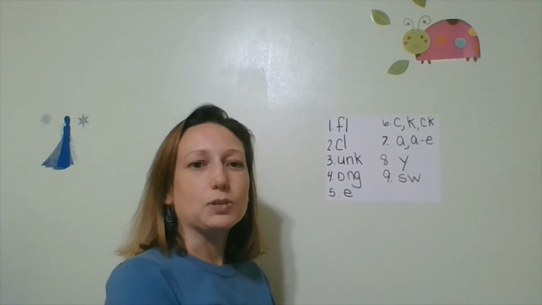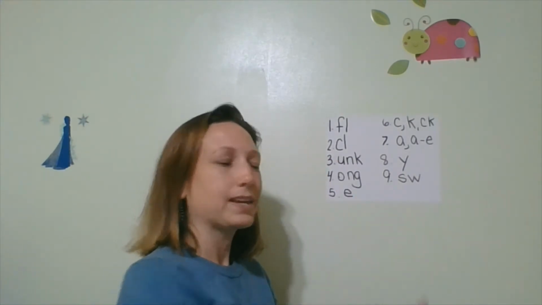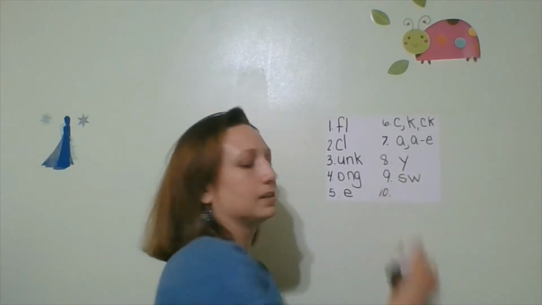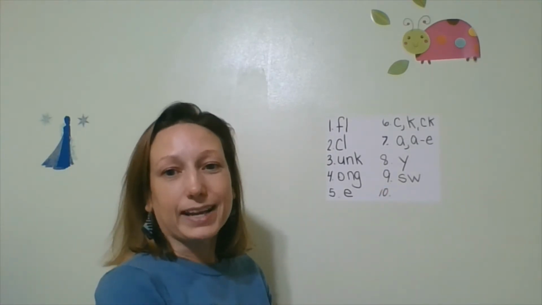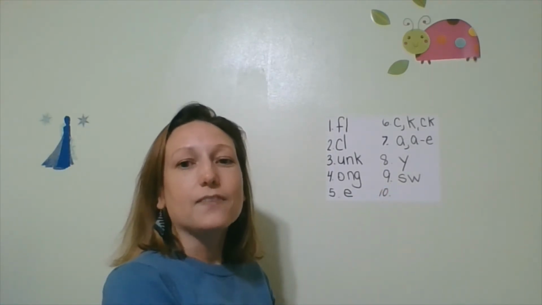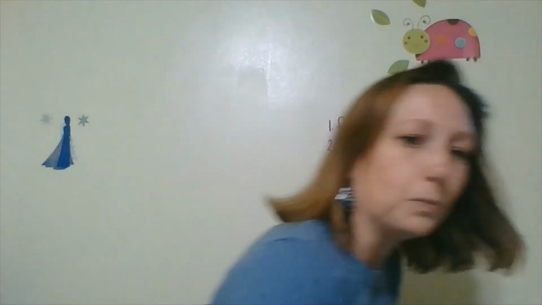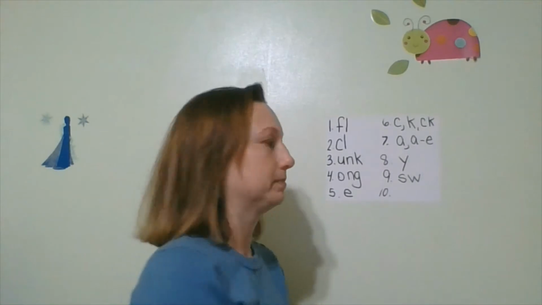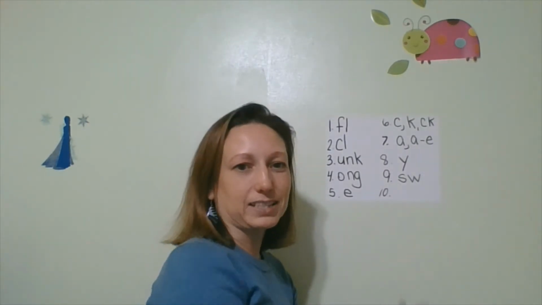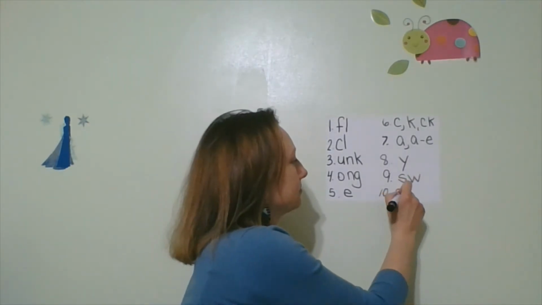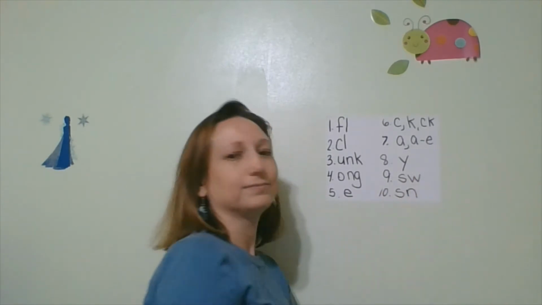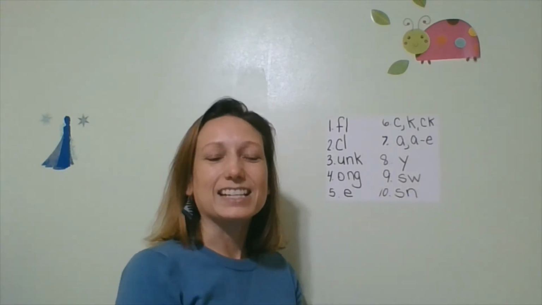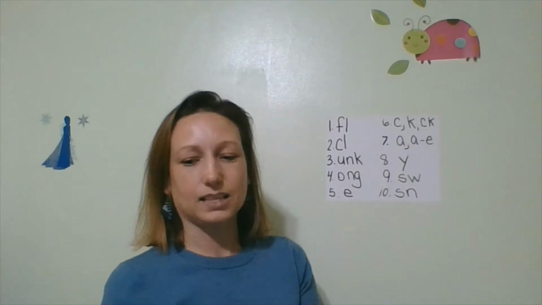S, W, S, W. And last one. One way to write the blend at the beginning of snip. And what blend did you write? S, N says S, at the beginning of snip.